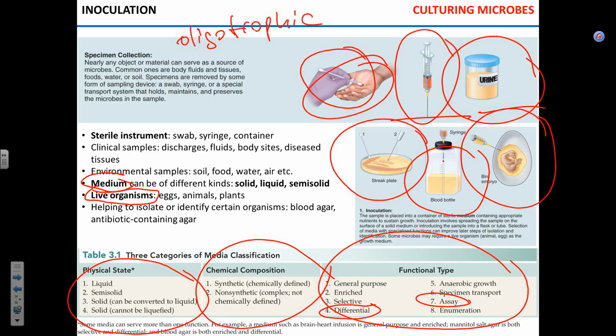For example, there is a special test, an assay, that is called Enterotube. So it's a tube that contains several little cells, wells. And each well has a specific type of agar with chemical indicators.